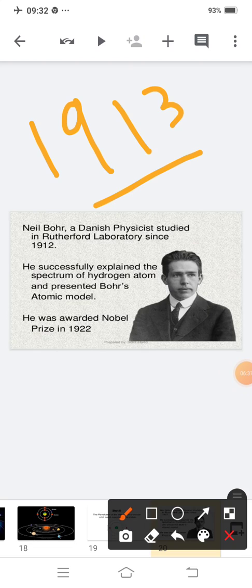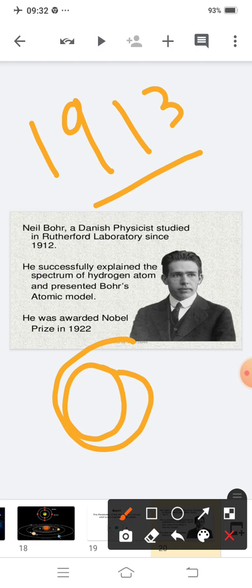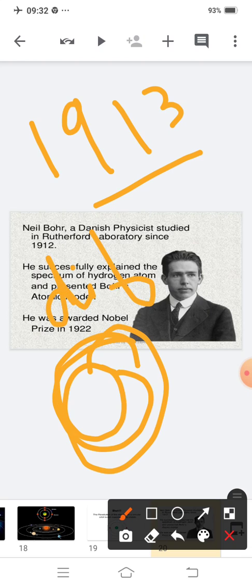Now, according to Niels Bohr, the electrons could revolve around the nucleus in only certain orbits or certain energy levels. These orbits have different radii. The electrons in each orbit have a characteristic amount of energy.